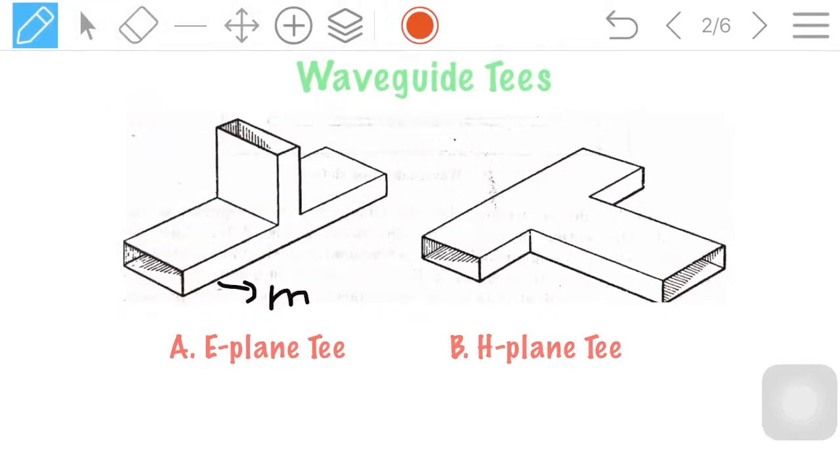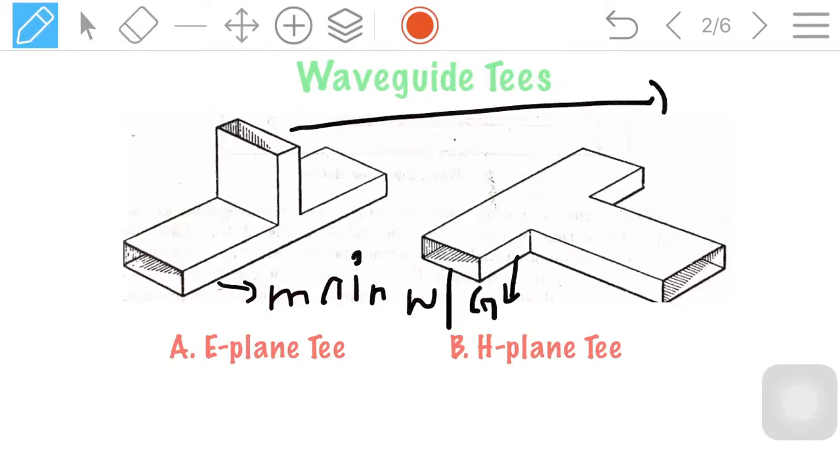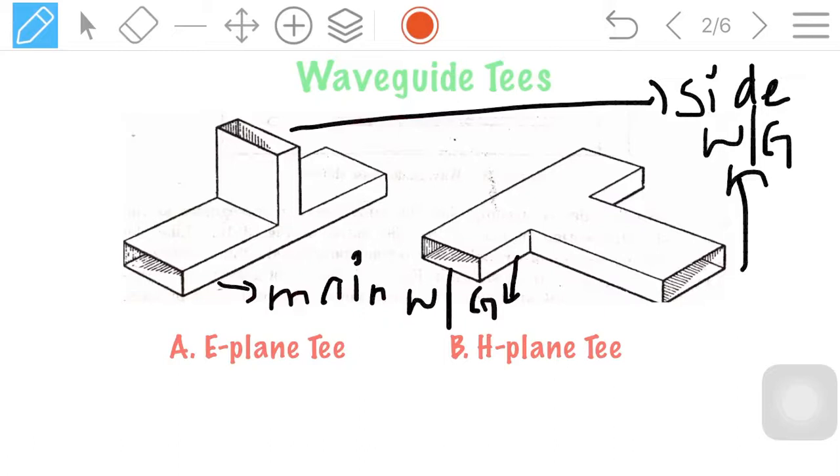This is called the main waveguide, whereas this one and this one are called the side waveguide.